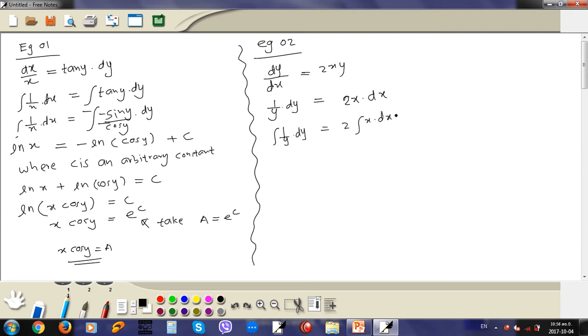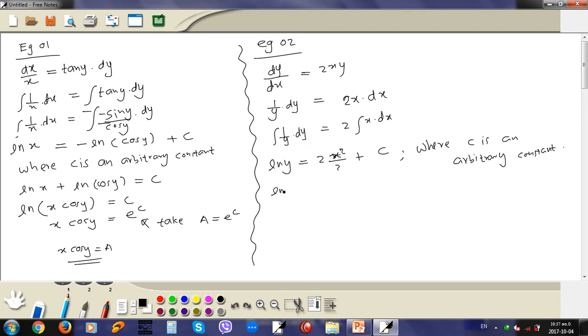Right? So you can write ln y equals 2 times x squared over 2 plus c, since the integration of x is x squared over 2, where c is an arbitrary constant, right?